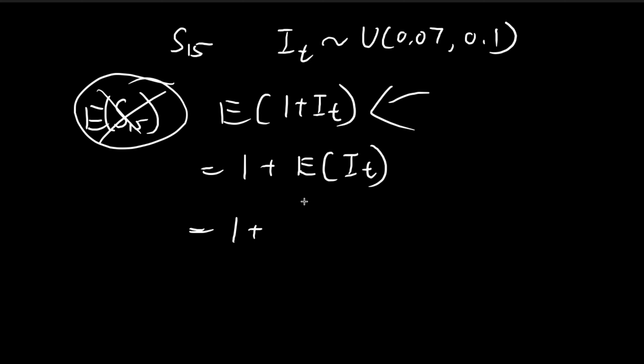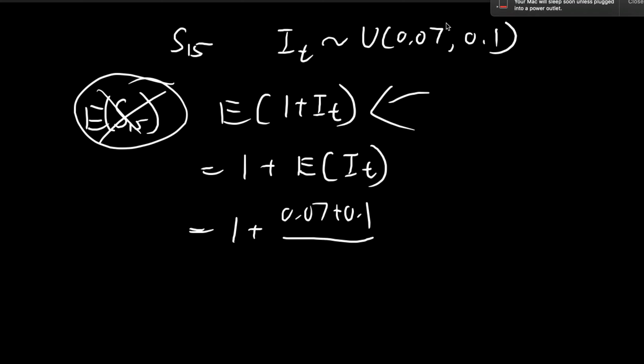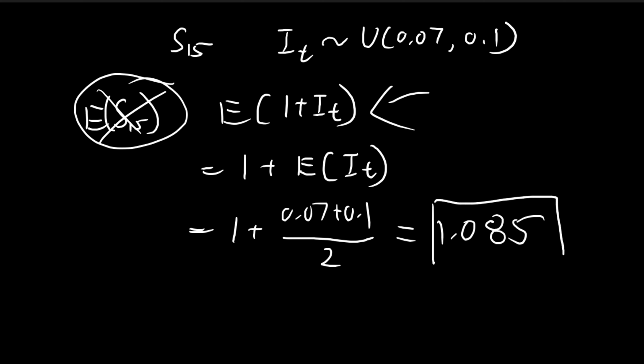From your 2901, you should know that the formula for the mean of a uniform distribution is just adding the two endpoints together and dividing by 2. In this case it's going to be equal to 1.085. So this is your expected value of 1 plus i_t.